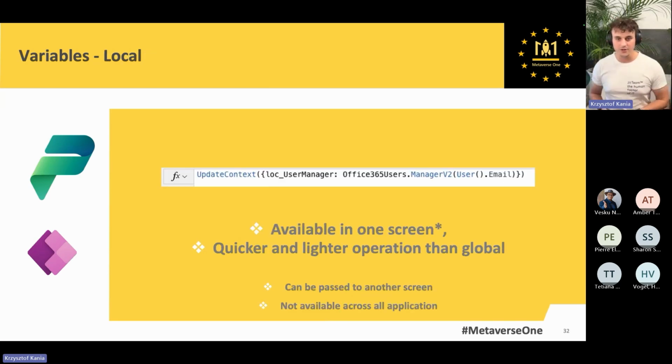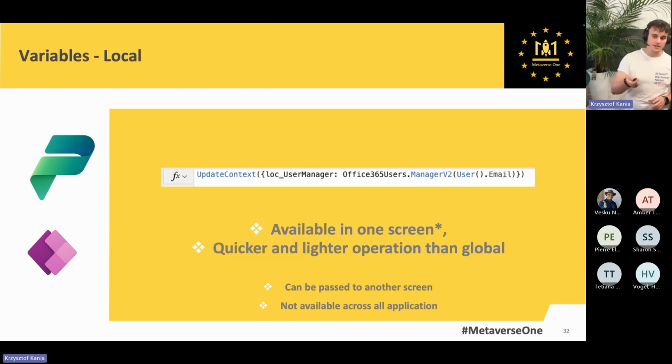So for those scenarios, we have local variables. Maybe we just need that manager to be visible in one screen. Okay, it's just one screen. Whenever you go out of the screen, it's not existing anymore for us. Okay, so it is not available everywhere. It's just one place. And this one place is the whole screen, so you can access it through plenty of labels or plenty of functions that you will write.